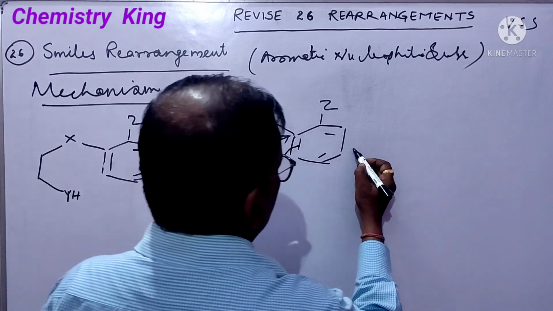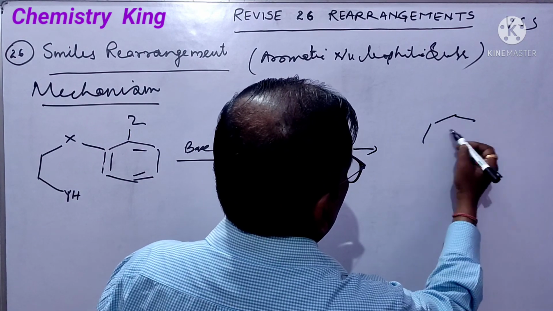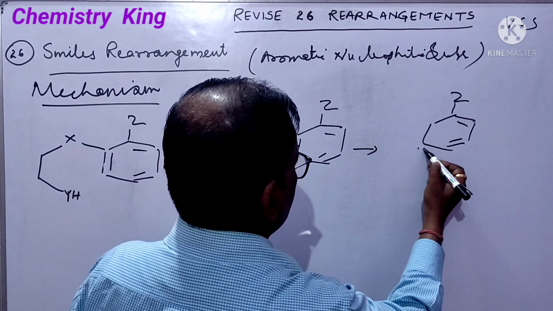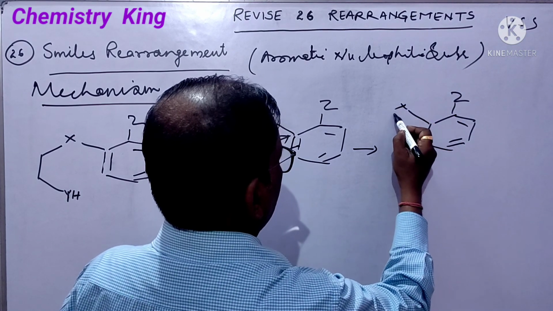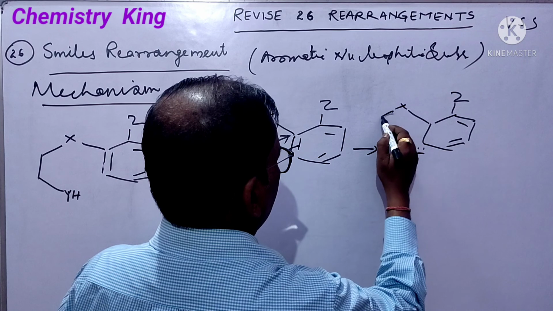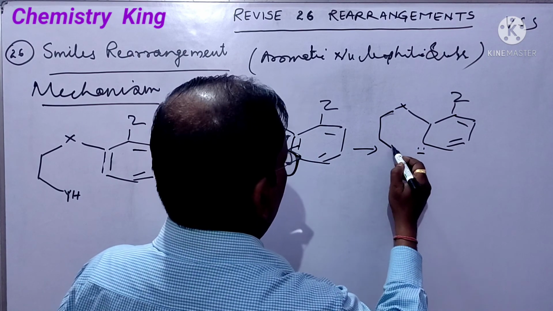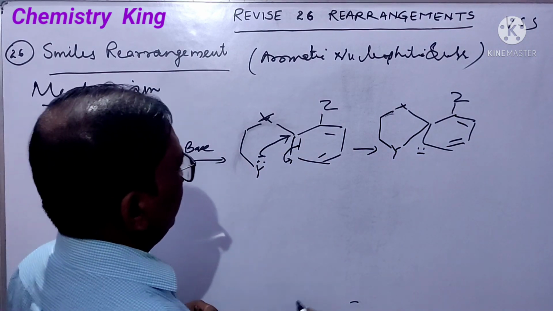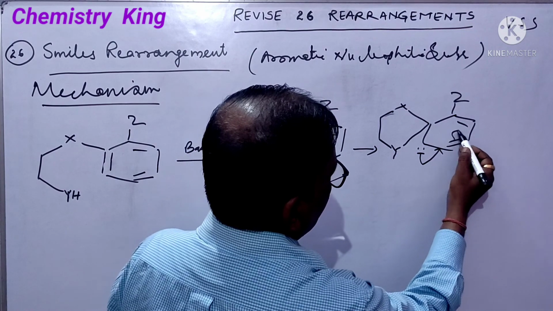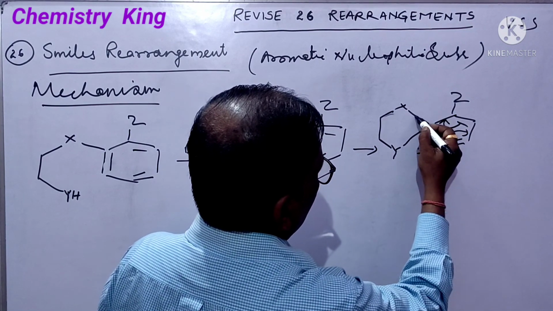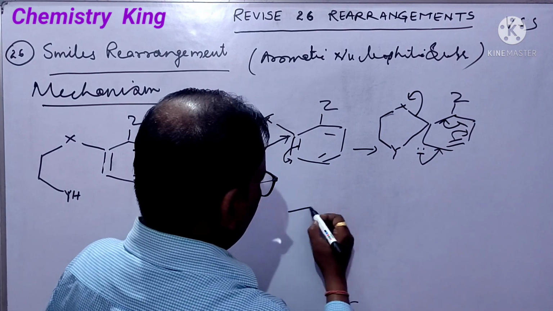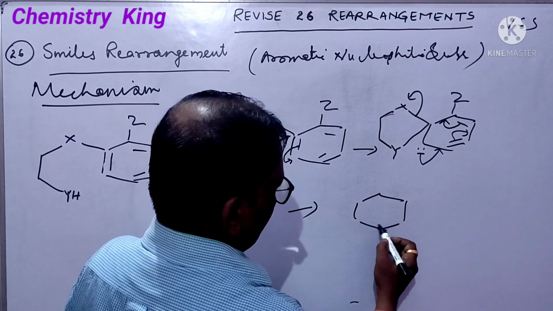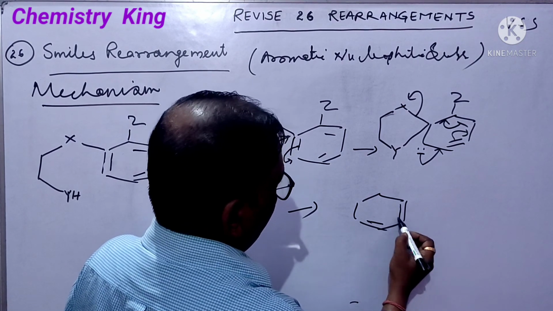This bond will come here. So it is Z, negative charge will be here, X, Y, and it gets attached with this carbon. Okay. Now it will come here, and here, and here, and so you will find double bonds here, here, and here.